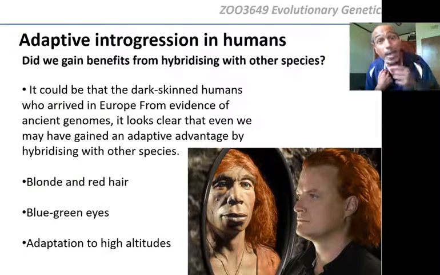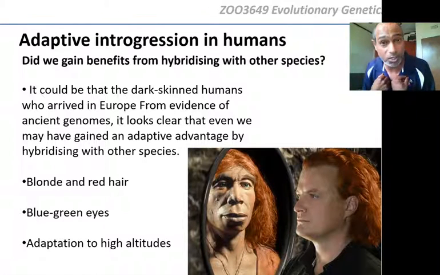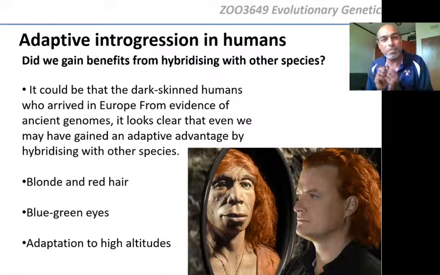But Neanderthal had a long time in Europe during the Ice Age. He was able to evolve these adaptations. So when we arrived there, we mated with him and we obtained those advantages from him without having to evolve them ourselves. So you see, adaptive introgression allows a species to take an advantage that another species has evolved, and make it its own.